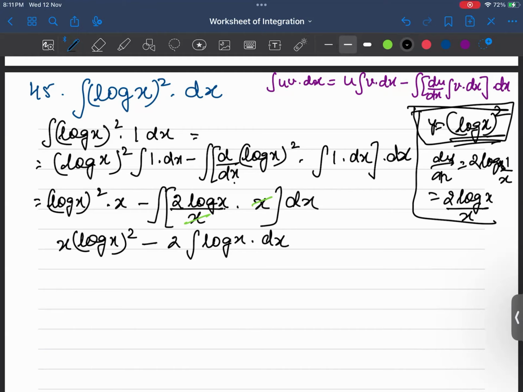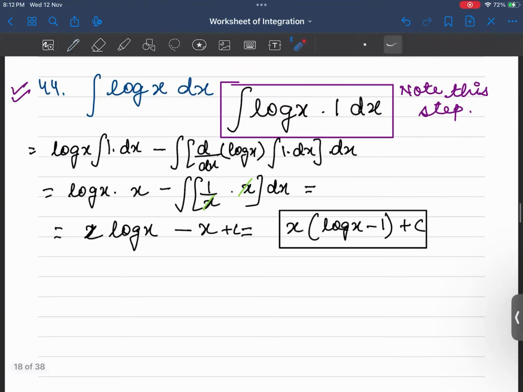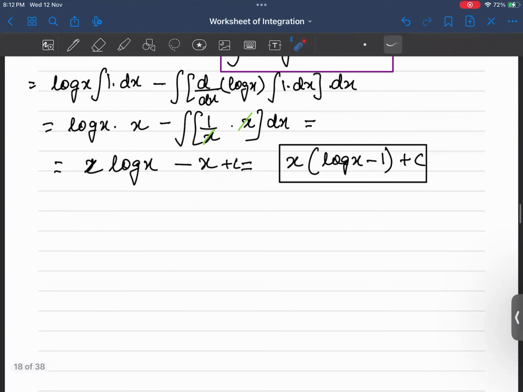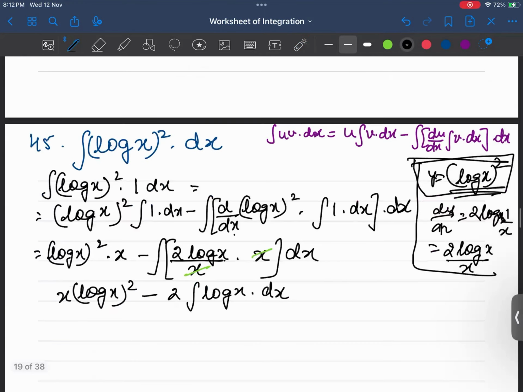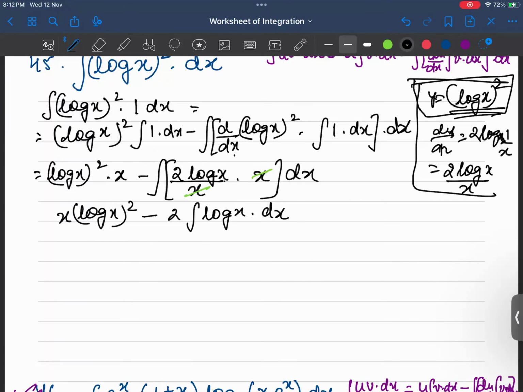Now, you can see we are coming back to the integration of log x, which is the same as the previous question, log x dx. We know the answer of it. We can take it from there, or in the exam, if it's not there, you solve it by multiplying log x by 1 dx, integrating it, and using function 1 and function 2.